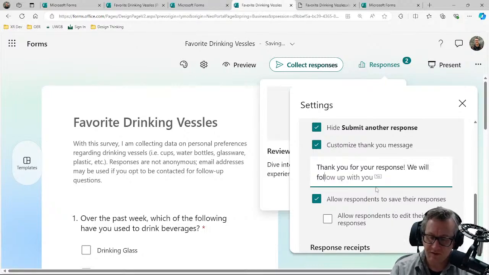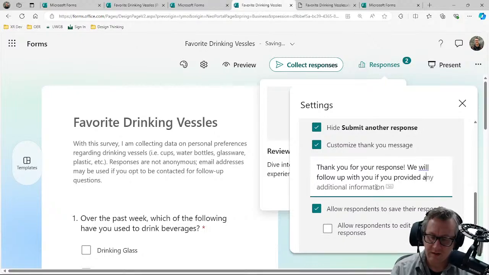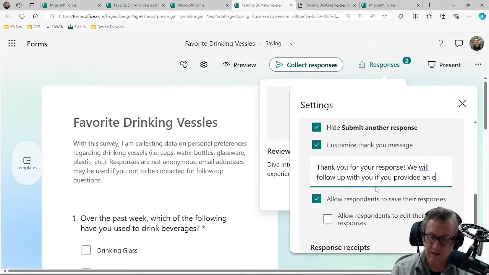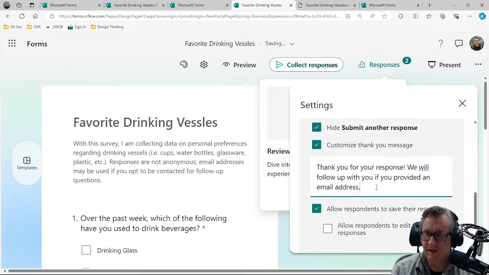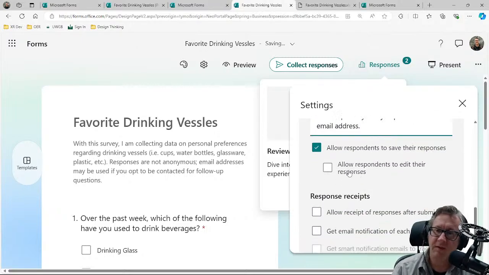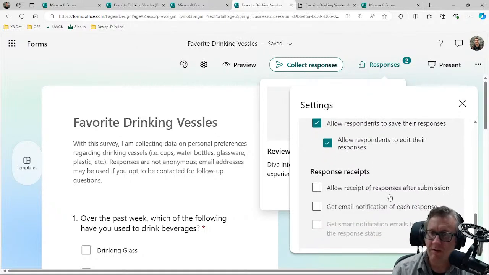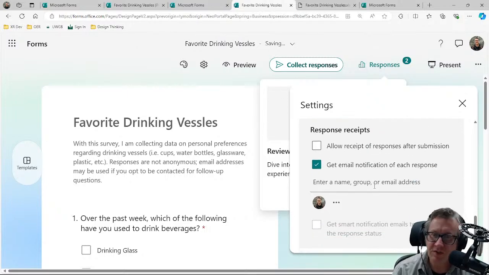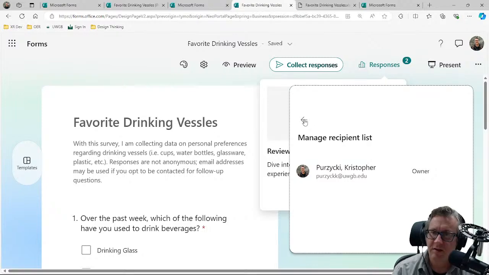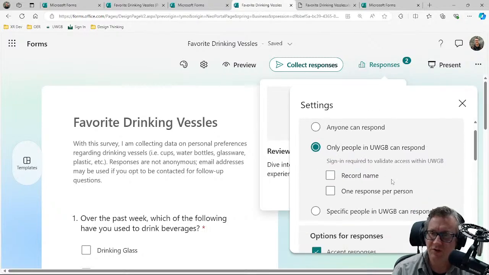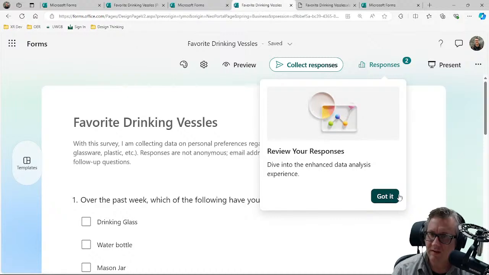We will follow up with you if you provided an email address. Okay, something like that. Allow respondents to edit their responses, probably not bad. Allow receipt of response. So get email notification. I will say that if you select this, you will get bombarded by emails. Do not select that unless you are certain that you want that in your email box.